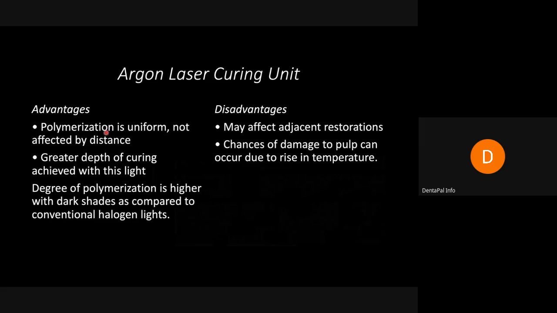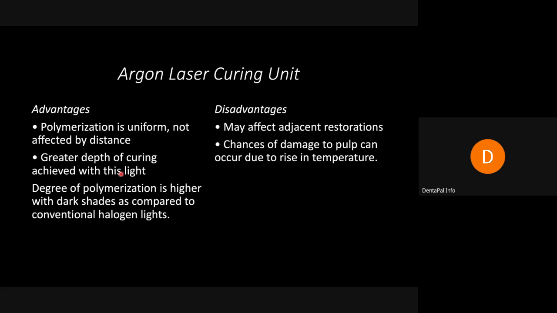So the distance between the tip of the argon laser and the surface of composite will not affect the intensity of light. So the curing is going to be good, the depth of curing is going to be greater, the degree of conversion is going to be higher, and that's why it could be used for darker shades of composites.